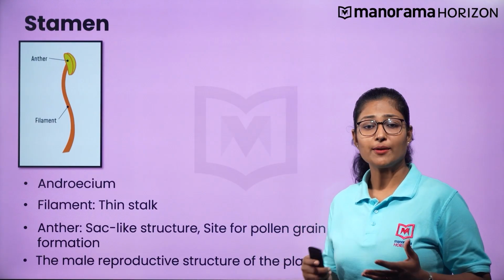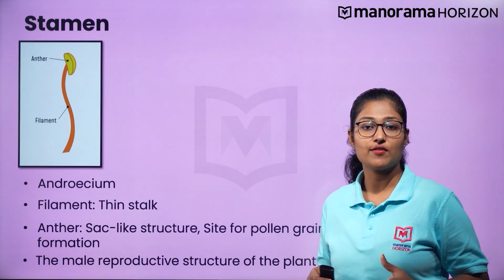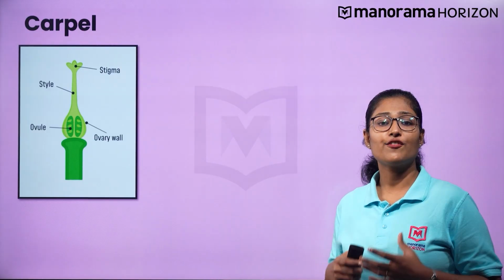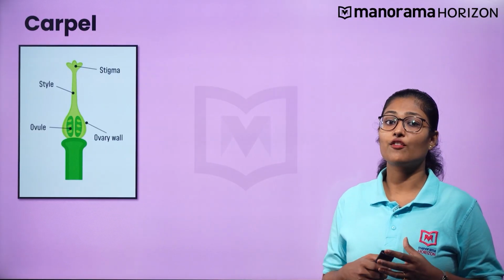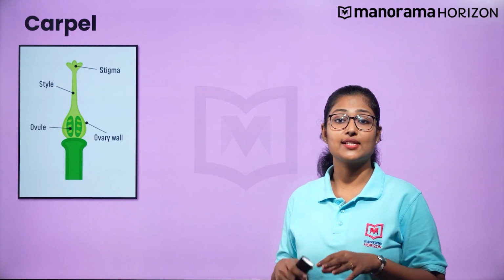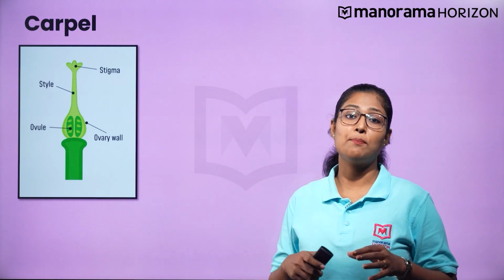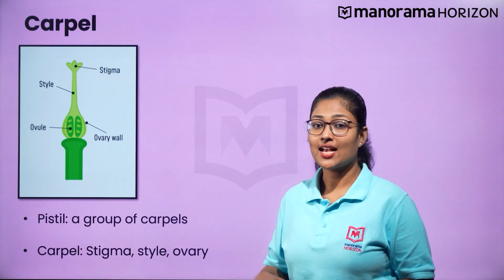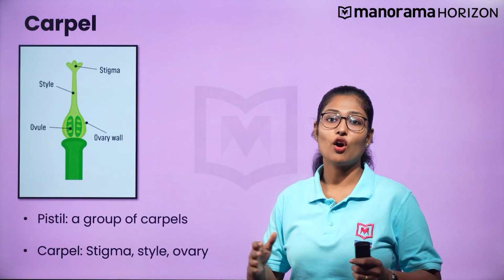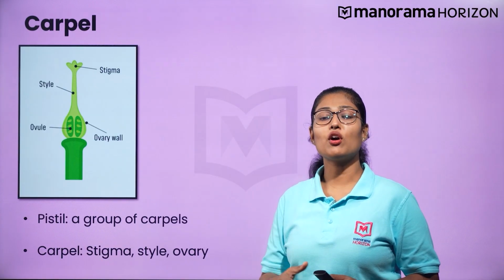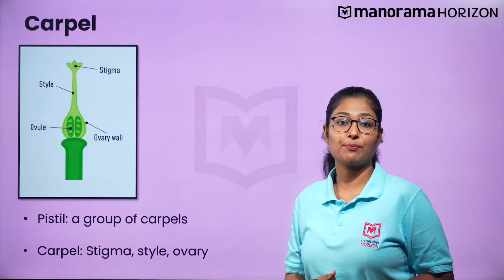But what about the female reproductive structure of the flowers? What is it? Carpels are the female reproductive structures of a flower. A single carpel or a group of carpels that are fused is also called a pistil. A single carpel has three main parts, that is, stigma, style and an ovary. Stigma is a part of the carpel on which the pollen grains fall for the sexual reproduction.